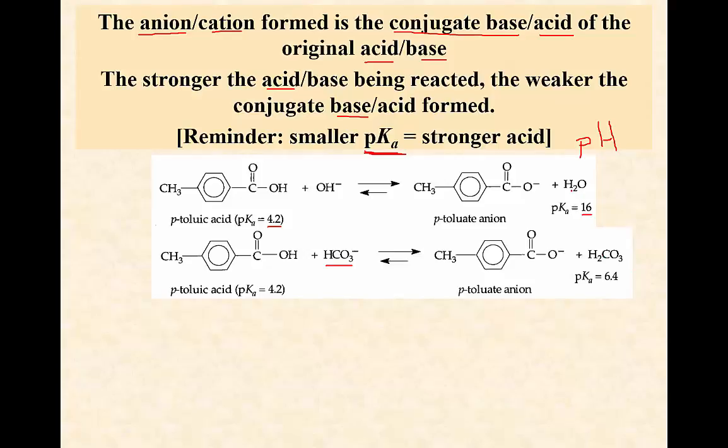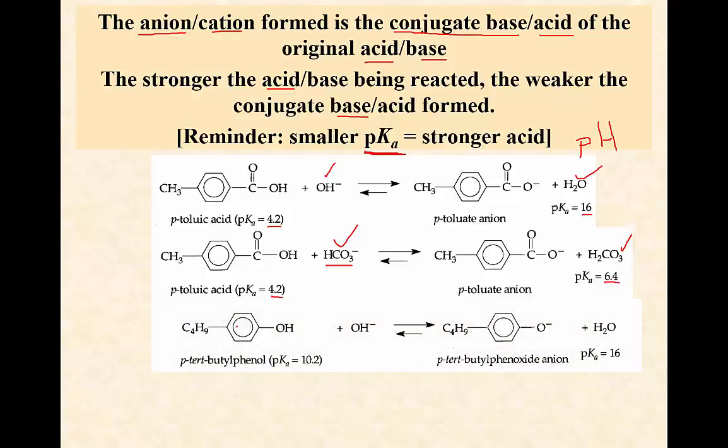So if you remember, it makes sense that water is going to be a weaker acid than carbonic acid, pKa of 6.4. So for these two conjugates, this is the stronger acid. When we started out, these were both the same strength, but now this was the stronger base. Stronger base leads to weaker over here, weaker leads to stronger over here.